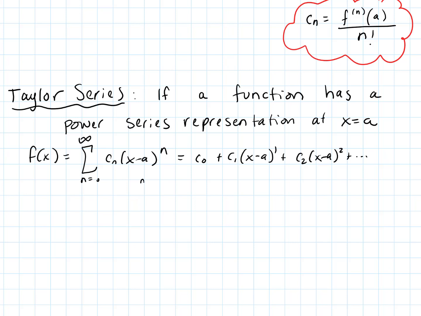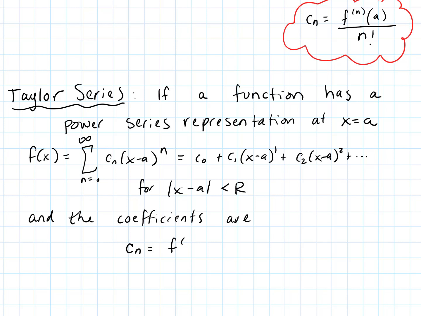This will be true for some values of x, where we have a radius of convergence of r. And now the coefficients can be found by looking at the nth derivative evaluated at a over n factorial.